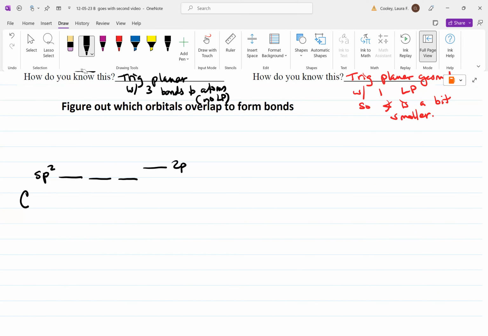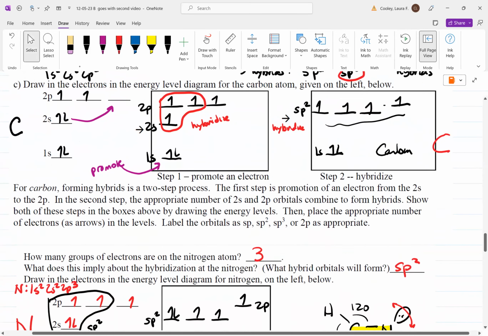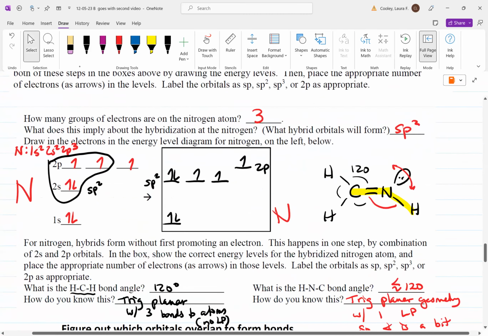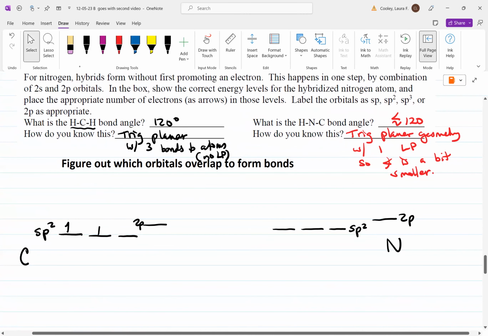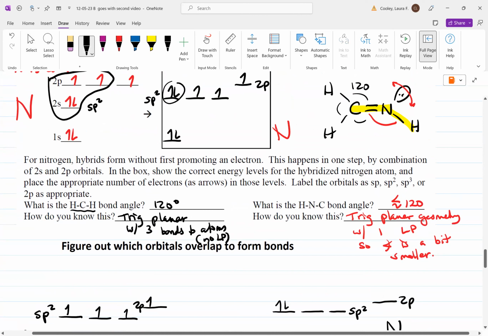And then for nitrogen, we also have 3 sp2 hybrids, and we have a 2p orbital over there. If we think about where the electrons are for the carbon, they're all half filled, so I'm just going to put 1 electron in each of these. For the nitrogen, we have a lone pair in one of them, don't forget. And the other 2 are single, and then we have an electron in the 2p.